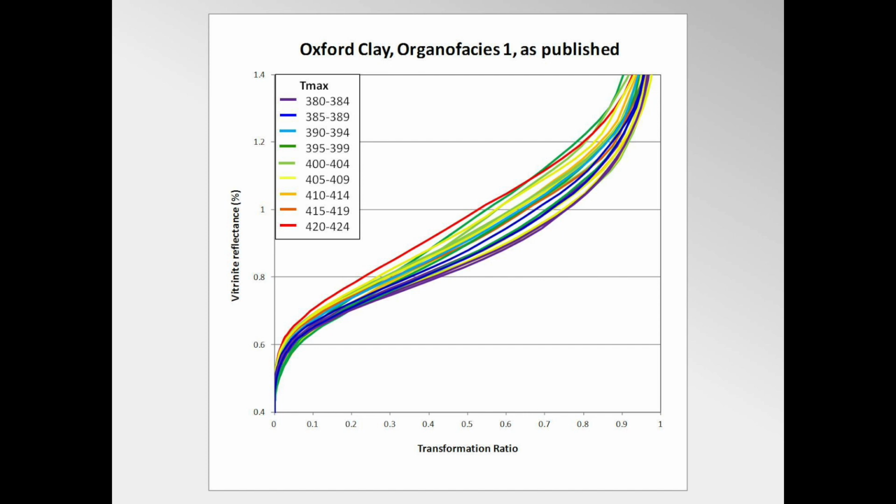We notice a trend similar to what we have seen before, that the most evolved kerogens in red generate hydrocarbons latest, while the least evolved kerogens with the lowest Tmax values generate earliest.